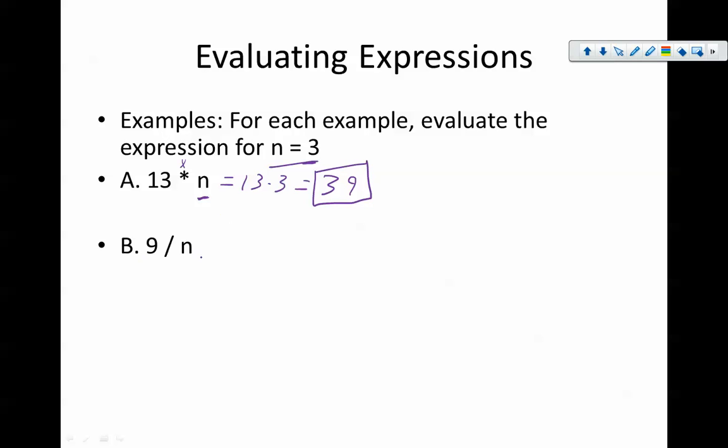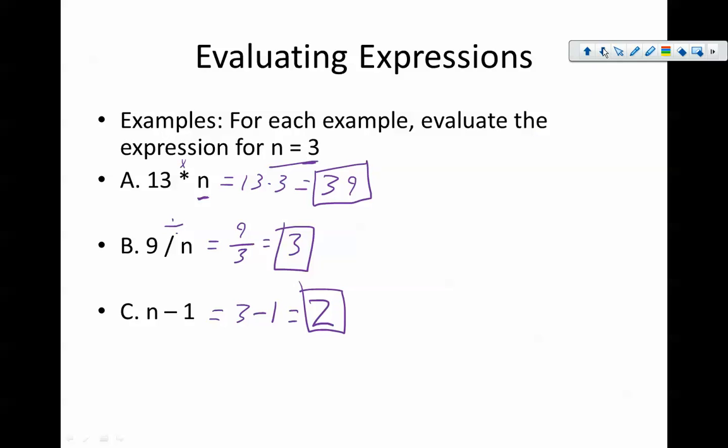Here we've got 9 divided by n. Again, in algebra we start to use the fraction line as our division. So this is 9 divided by n, which means we're doing 9 divided by 3 because we're replacing the n with 3, and we get 3 because we perform the operation. We have n minus 1. We replace the n with 3, and then complete the operation, 2.